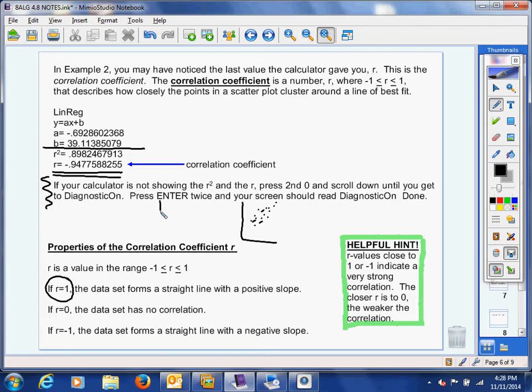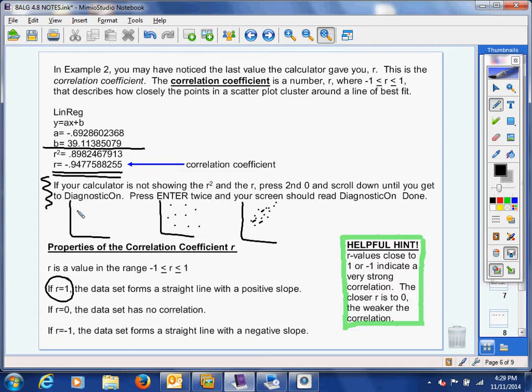If there's no correlation at all, remember that in our scatter plot it wasn't leaning right, it wasn't leaning left, then it shows up on your calculator as a decimal around 0. So it could be positive 0.1, positive 0.2, or negative 0.1, negative 0.2. Those are decimals around 0, and that indicates no correlation.